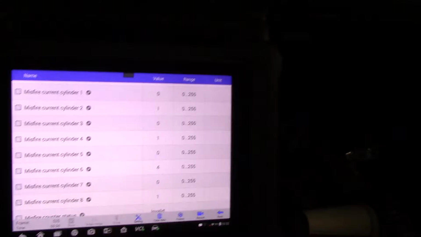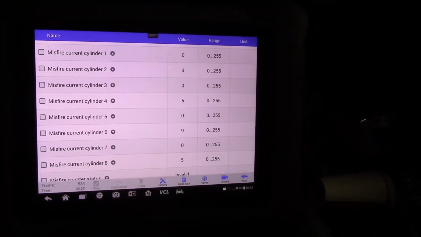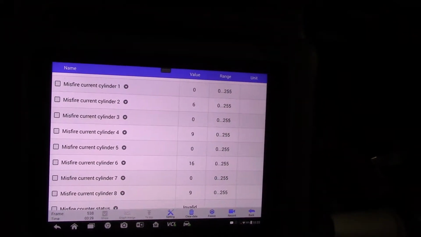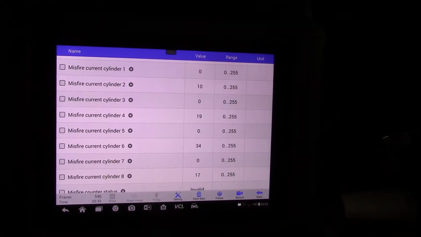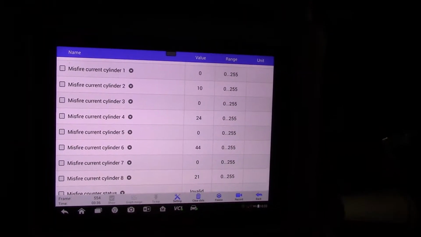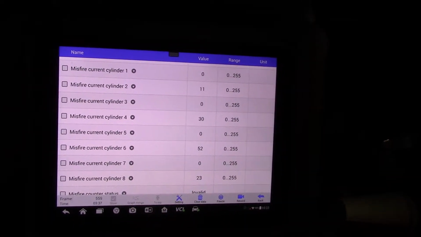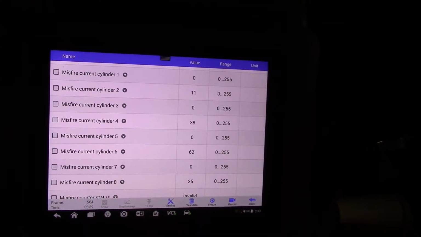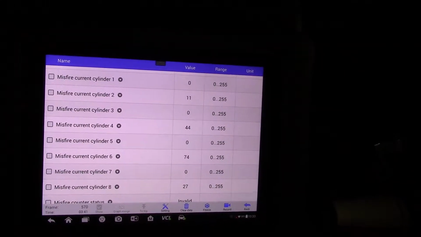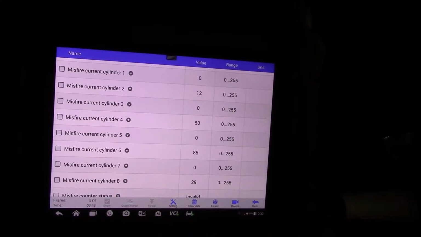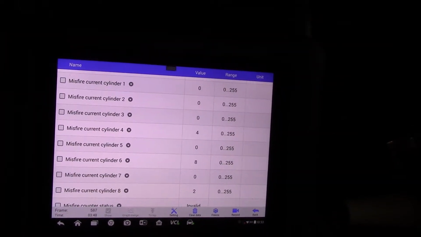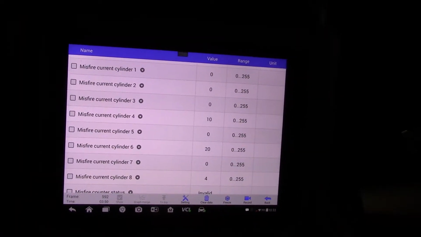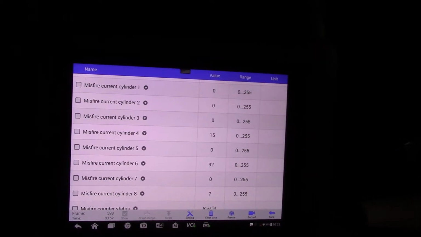Okay, so what next? Well, we got to think about what might be going on that would affect that one bank of the engine. One thing nice about a scan tool is I can view one of the three major things that's going to affect the engine running, and that is fuel. I can't really view anything about compression, at least not on this truck with this scan tool.